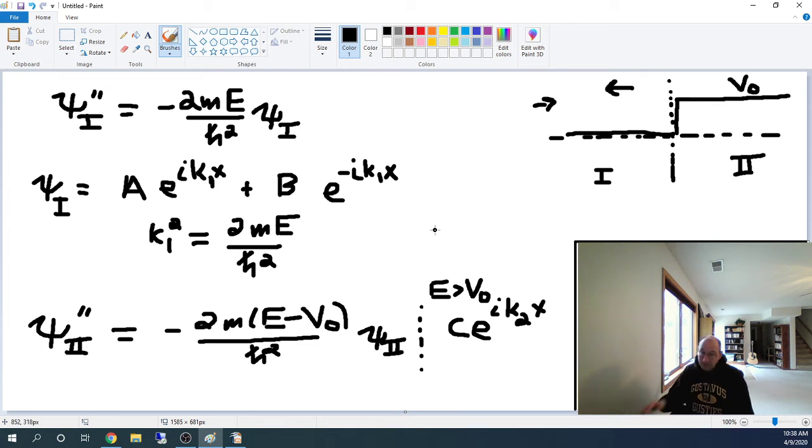So then the scattering problem is to solve for the probability, or the rate, at which particles get reflected as opposed to transmitted.